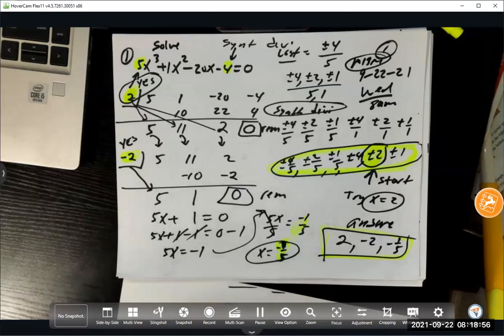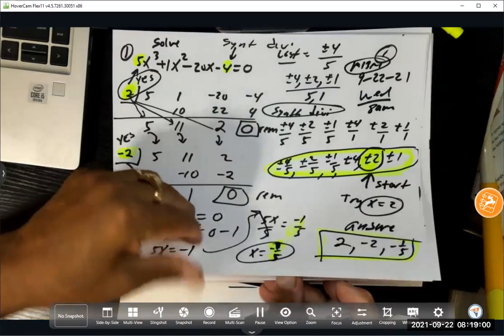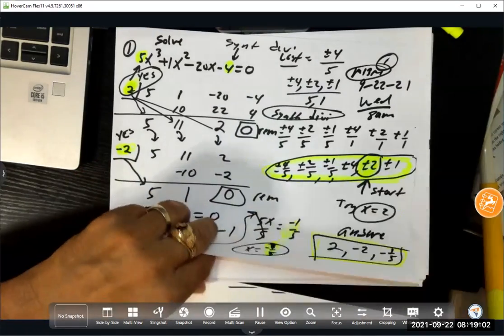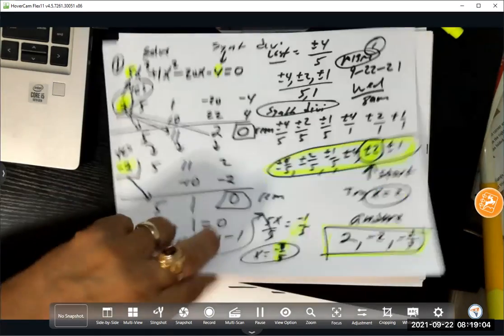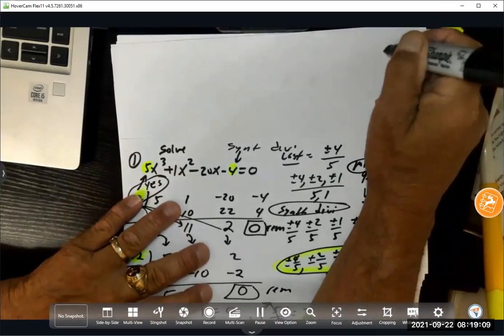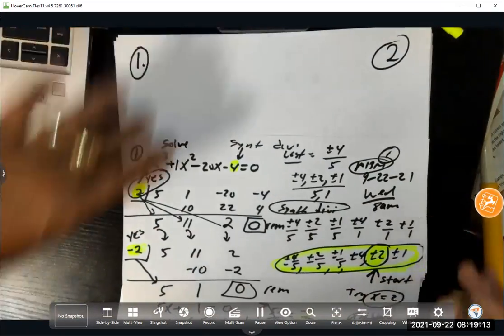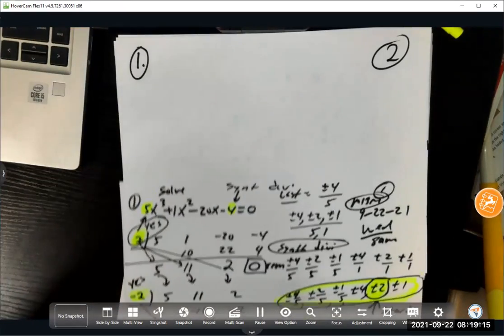All right, number one, page one, there it is. So now I'm going to go to the next question, same thing. I'm just going to change it again. So now I'm going to go page two, question number one again. Let me change the numbers.